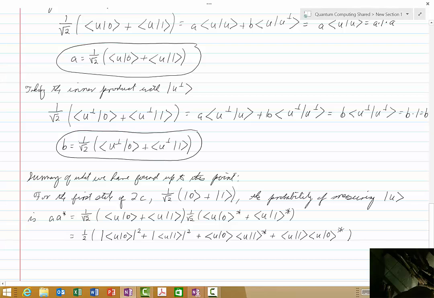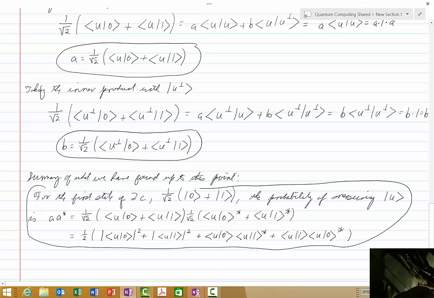And that, again, is the probability when we measure the first state. That's the probability of measuring u.